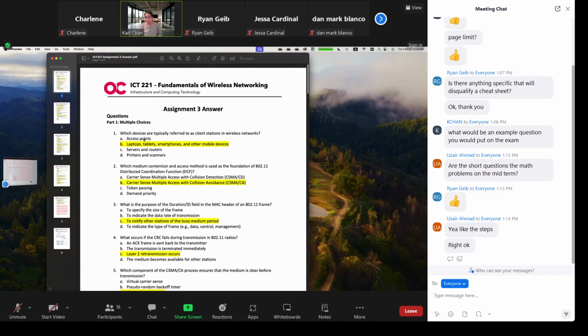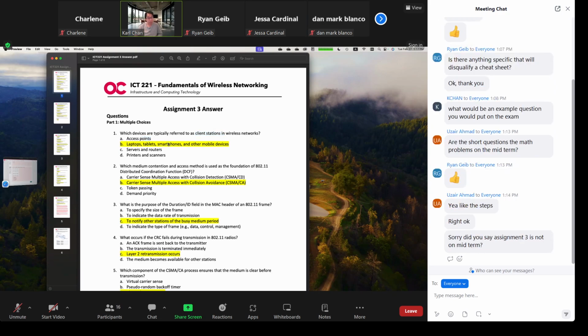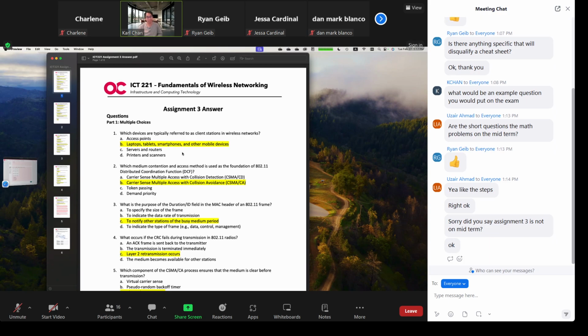Now, the first question is very easy because a client station is everything not holding the BSS, the basic service set. Assignment 3 will be in the midterm, but we didn't test it in the quiz, so I would like to go through the answers for you guys.